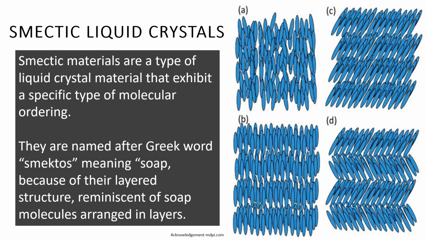Smectic materials have molecules that are organized into layers, and within each layer, the molecules have a specific orientation. There are several different phases of smectic materials, including smectic A, smectic B, smectic C, and others, each with its own distinct molecular arrangement and properties. Smectic materials find applications in various technologies, including liquid crystal displays, sensors, and optical devices.